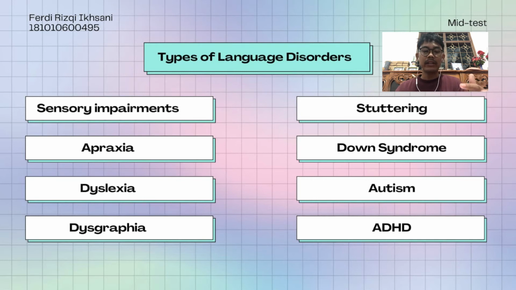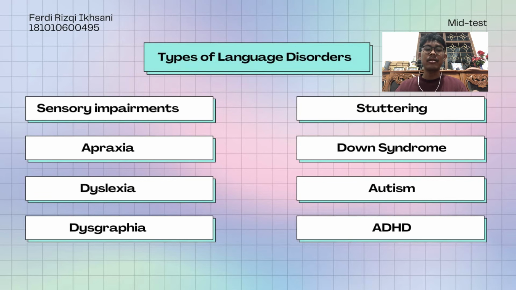A person does not have to have full loss of a sense to be sensory impaired. There are two types of sensory impairments. The first one is blindness. The second one is deafness. You can find it on the internet for the model of language disorder.